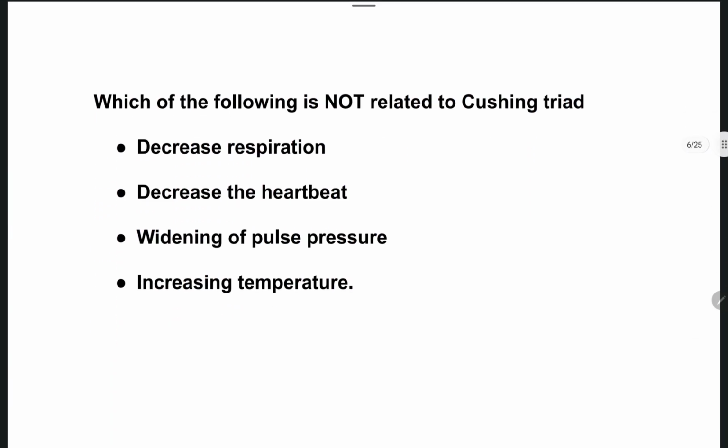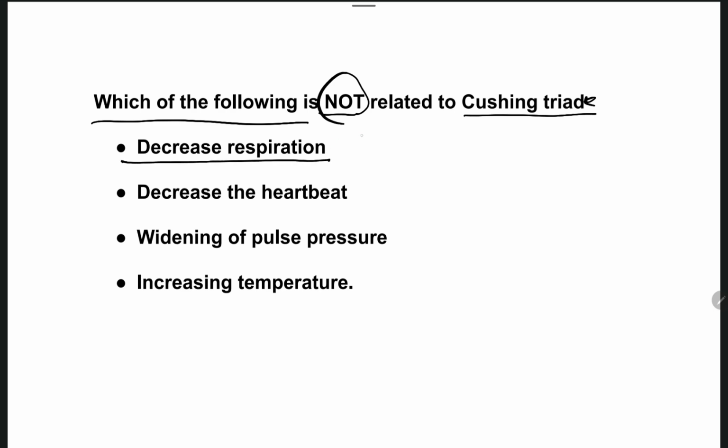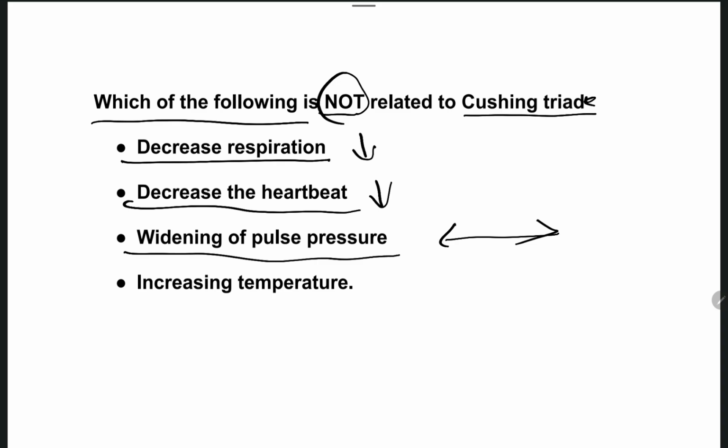The next one is, which of the following is not related to Cushing's triad? Options are decreased respiration, that is bradypnea, decreased heartbeat, that is bradycardia, widening of the pulse pressure, and increase of temperature.